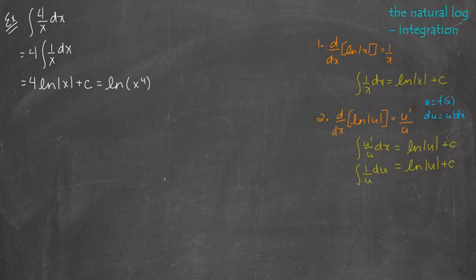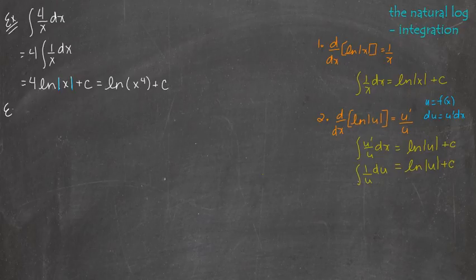And that's a totally legal thing to do only after I've made the conscious decision that anything to the 4th power is going to be positive, and so I don't need the absolute value symbols to hold this x positive, because whatever the x input is, once I raise it to the 4th power, it's going to become positive. So this would be the natural log of x to the 4th plus c.